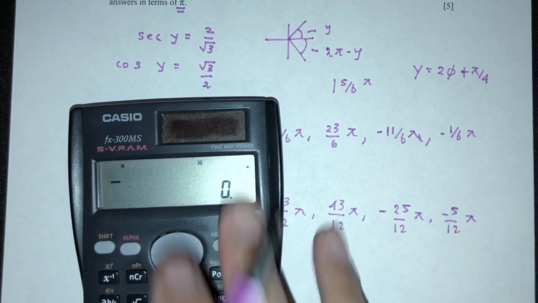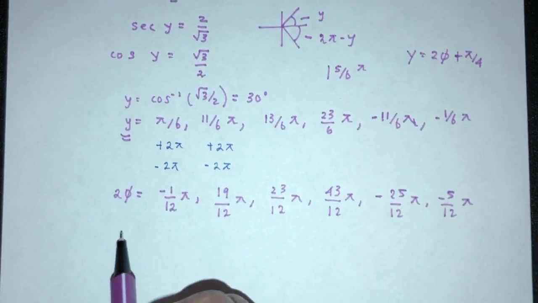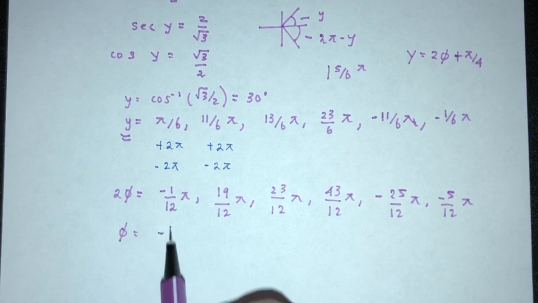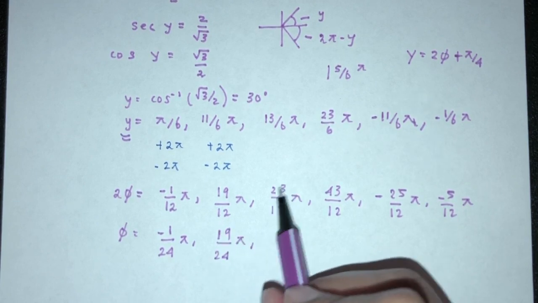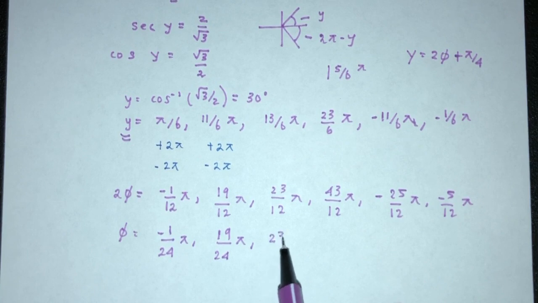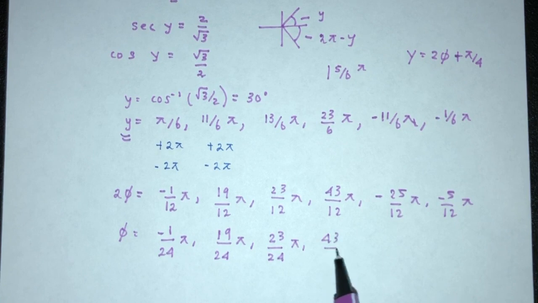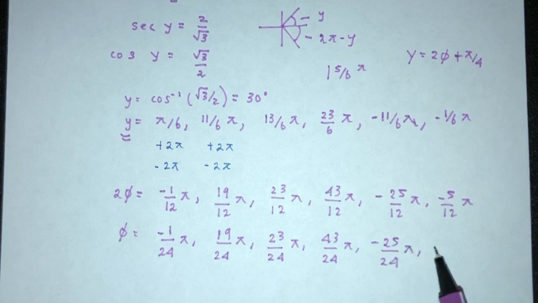So now we have to make this one become the subject, so divide by 2 everywhere: we have 1 over 24, 19 over 24, and here you will have 23 over 24, 43 over 24, minus 25 over 24, and minus 5 over 24.